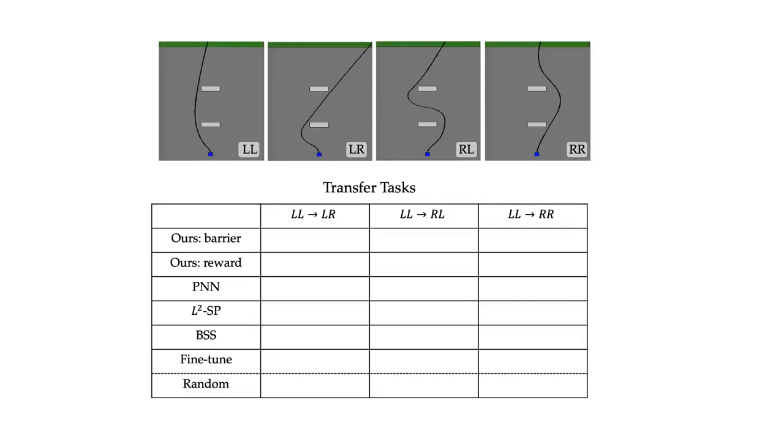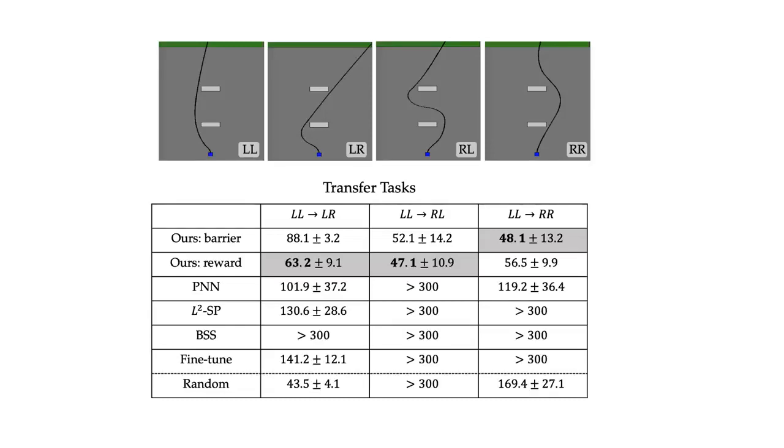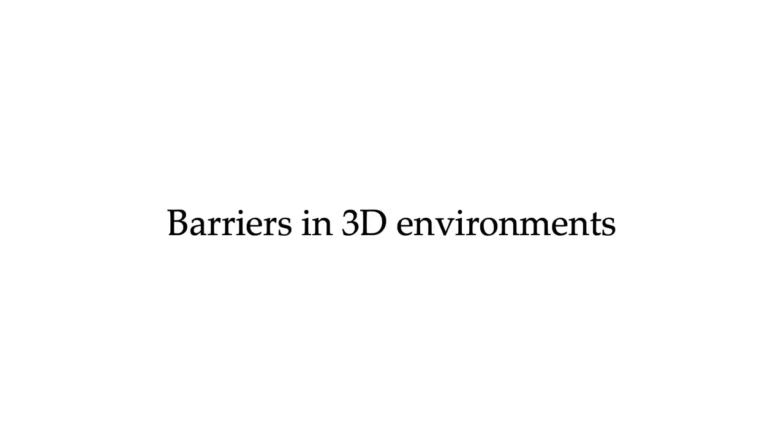We experimented with both barrier size and reward weight approaches. Our approaches are able to fine-tune the most efficiently. Compared to the rest of the approaches, as most of them required more than 300k steps, we conclude that while increasing the number of barriers can make fine-tuning more difficult, it does not negatively affect our approach.